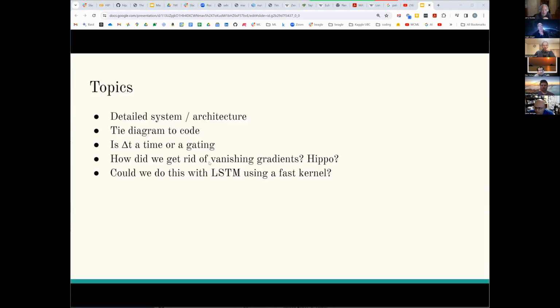So what we're going to do tonight is go through some pictures. We took some figures out of the paper and tried to expand them a little bit. I've brought some of the knowledge from Jason and Dave, who joined in diving through the code, and tried to pull some of that back up into a diagram that we can look at. So we'll go through and talk about it from a system architecture diagram perspective, and then we'll dive down and look at the code.